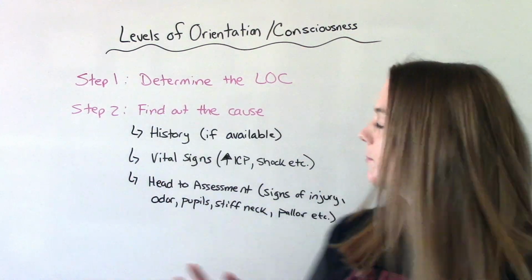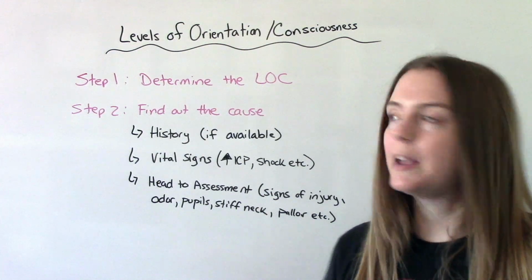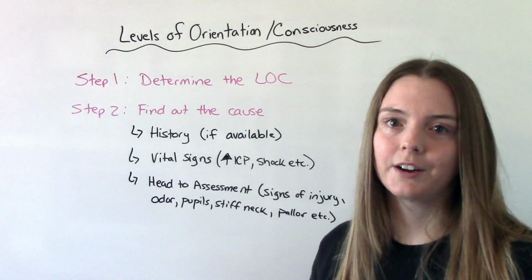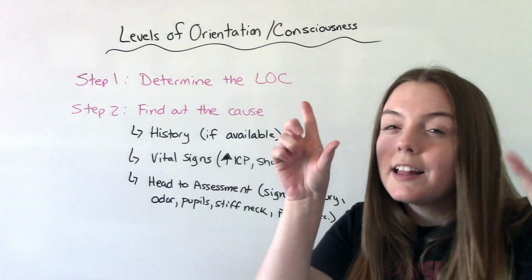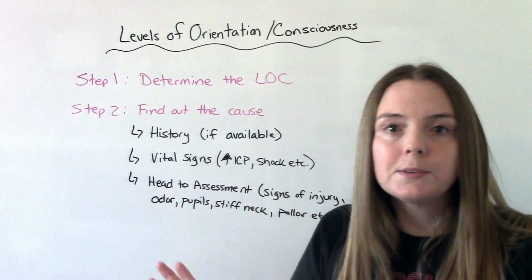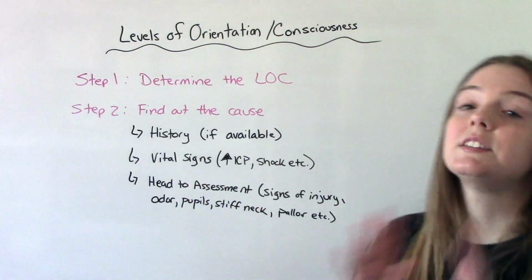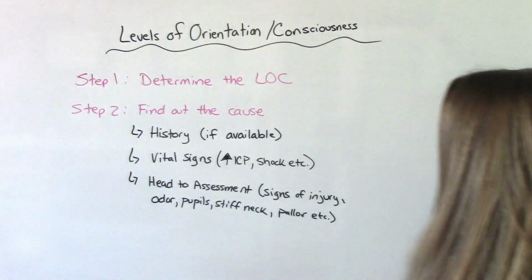Things go together. Is there an odor? Do they smell like alcohol? Maybe there's a connection there, okay? What about their pupils? Are their pupils really dilated? Are they really pinpoint? Maybe that suggests they're under the influence of substances. Do they have a stiff neck? That could suggest infection like meningitis.